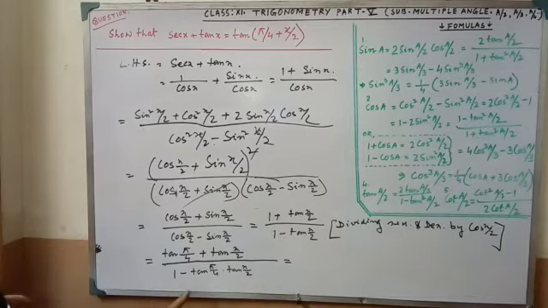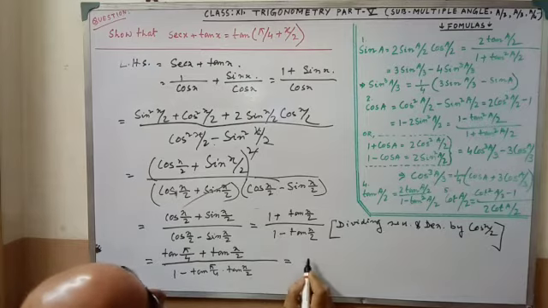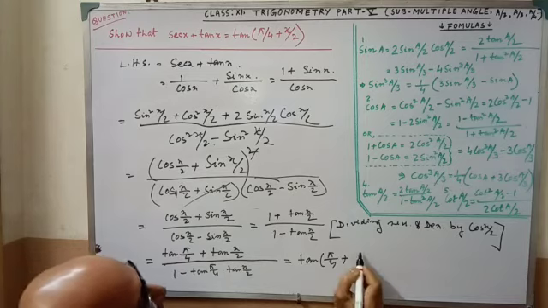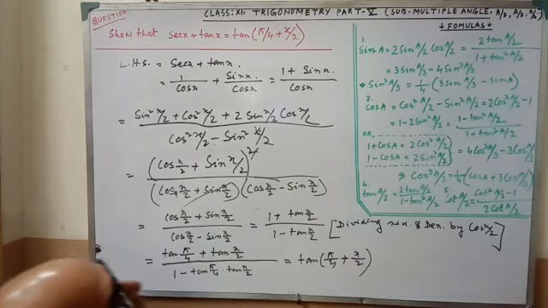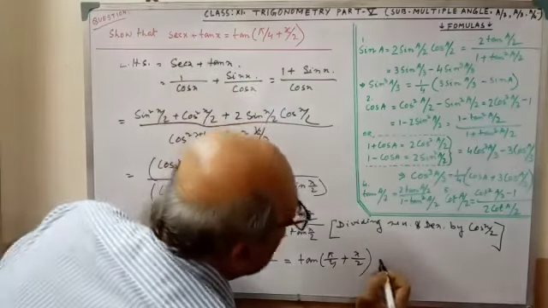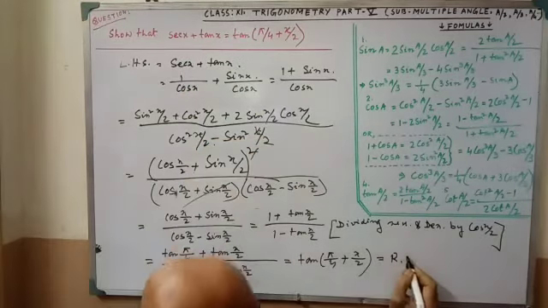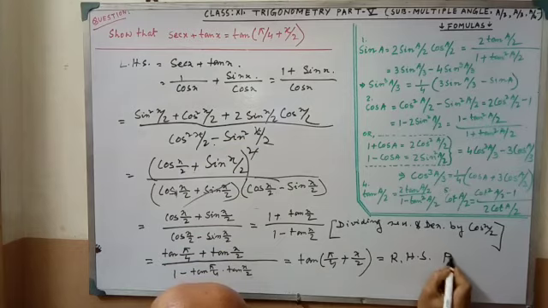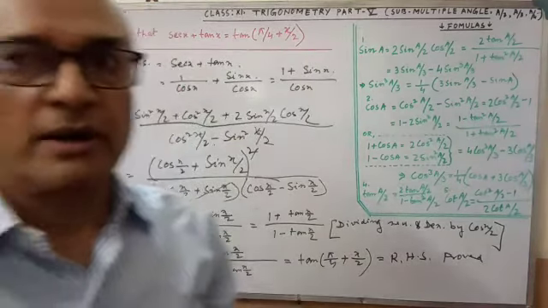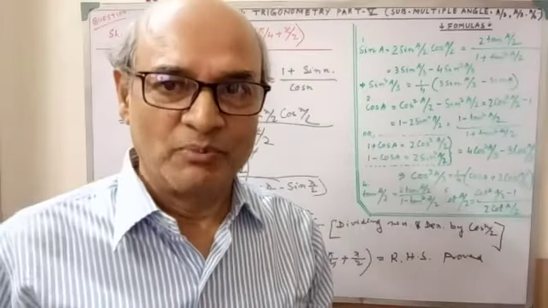That is, we are getting the formula that you know very well: tan of a plus b. In place of a, here is given pi by 4, and in place of b, that is given x by 2. So this is what we have to prove. We have got the right hand side, so we may write RHS, then proved. Sum is completed. Up to this, if you do, then you may expect full marks.